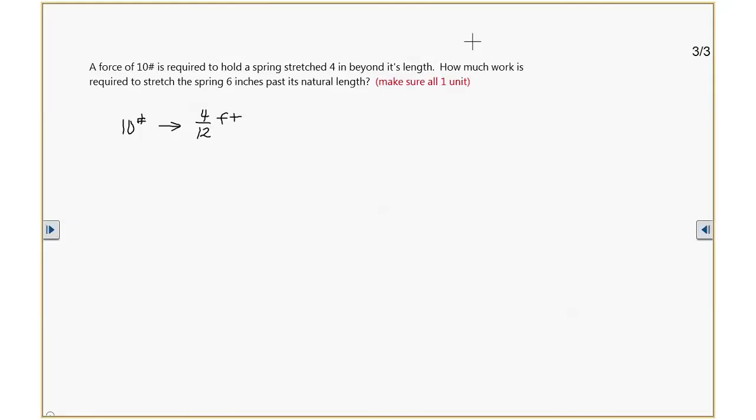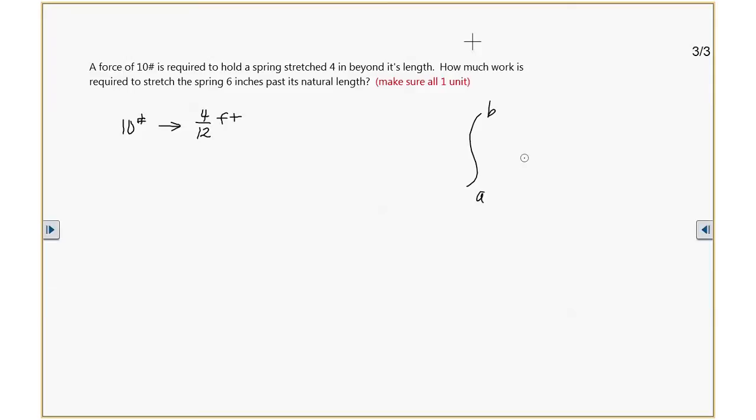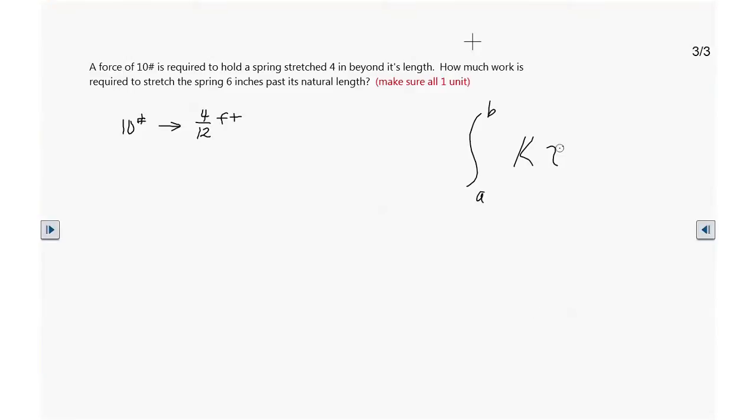Because work, Hooke's law says that you take the antiderivative from A to B of K times f of x dx, or k times x dx.